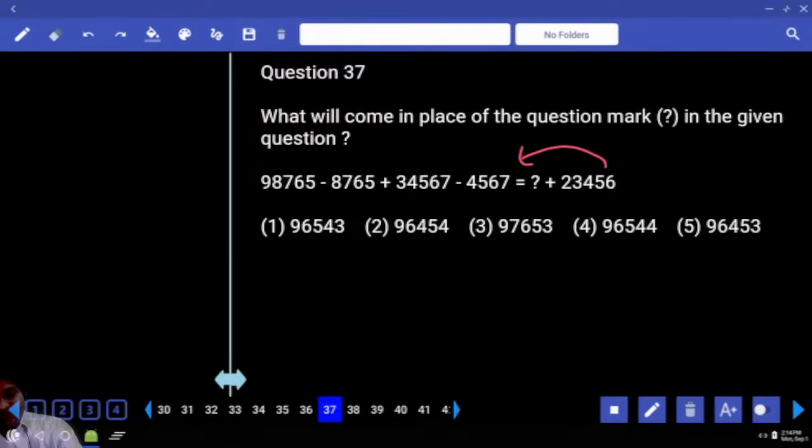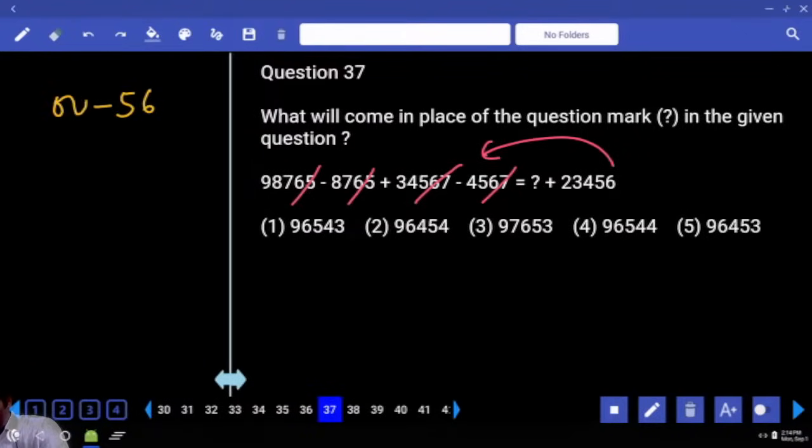Take positive numbers. 65, 67, 32, 65, 65, 65, 0. 67, 67, 0. This fellow comes to the left hand side, minus 56. From two zeros, if you subtract 56, it should end with 44. The last two digits must be 44. Fourth option, there is only one.